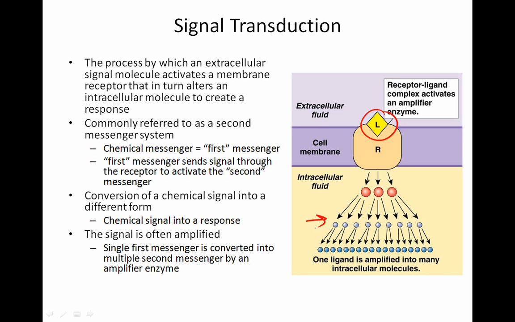And very often, every time a chemical is bound to the receptor, what you're going to see is an amplification. In other words, when we activate the receptor, it's going to be a ratio. One single response molecules. And then those 10 molecules might cause a change in 10 other molecules. And those 10 molecules go down the line.